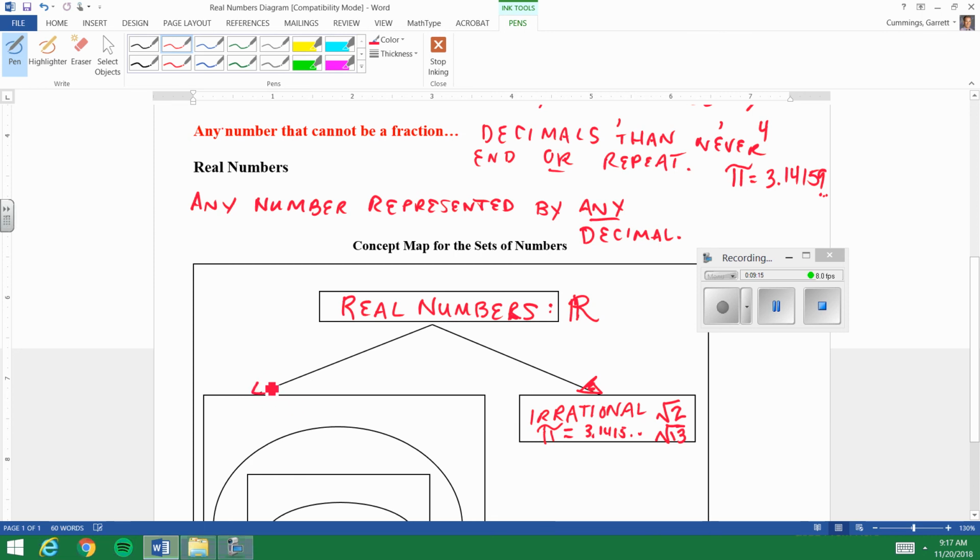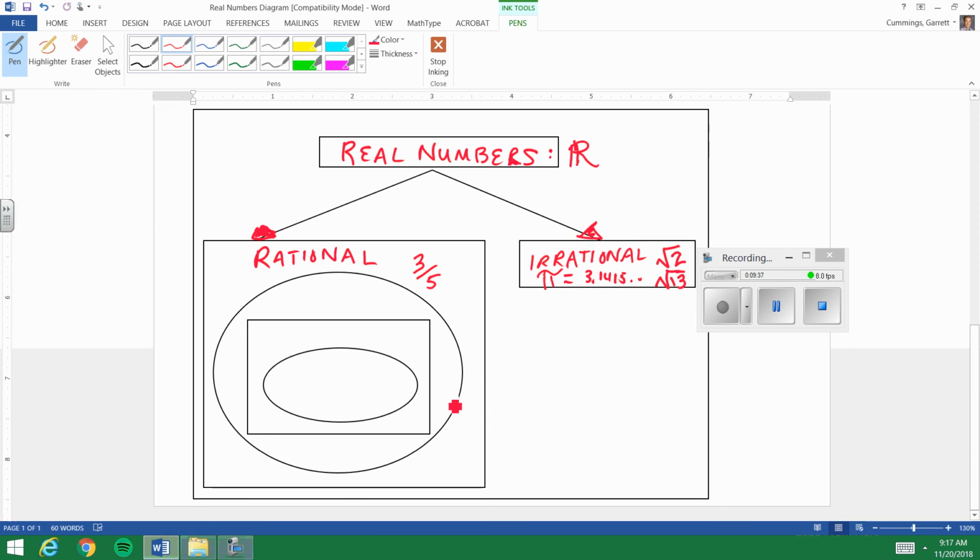The other broad category of real numbers is your rational numbers. Rational numbers can be represented as a fraction. So for example, let's put 3/5 as an example on the outside of this box. That should be an example of a rational number, 3/5. How about 2/3? How about some decimals that stop, like 0.82?